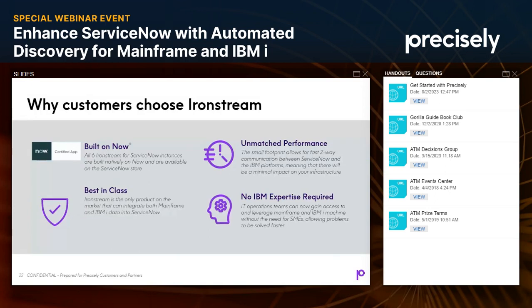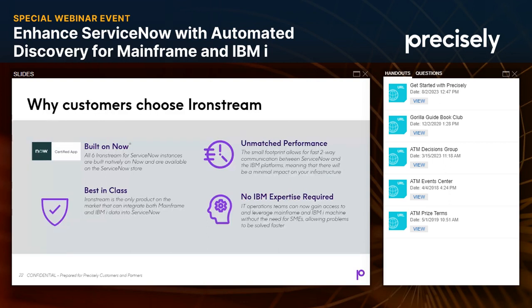If you head on over to the ServiceNow store and search for the word Ironstream or Mainframe or IBM i, you'll find 6 apps from Precisely, 3 for Mainframe and 3 for IBM i, covering discovery, and as I've also mentioned, service mapping and event management. All are validated and certified by ServiceNow for the latest version of the Now platform. And Precisely is also called out as a featured vendor on the store with solutions that deliver comprehensive, solid capabilities.